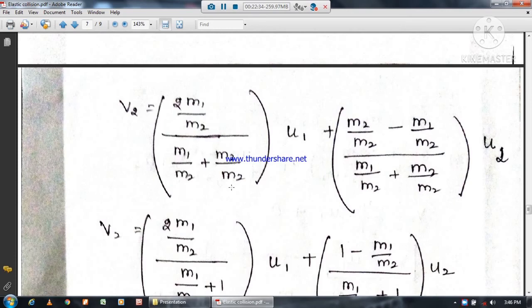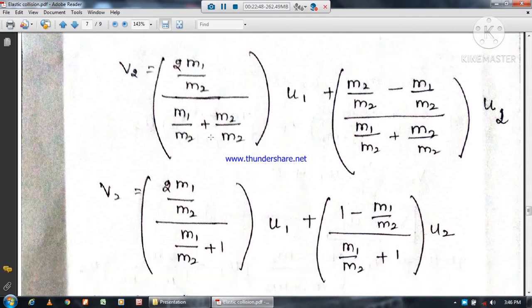Now we split this part, that is m1 plus m2 divided by m2. We can write this as m1 by m2 plus m2 by m2, and here also m2 by m2 minus m1 by m2, and here m1 by m2 plus m2 by m2, and here m2 cancels, here also m2 cancels.